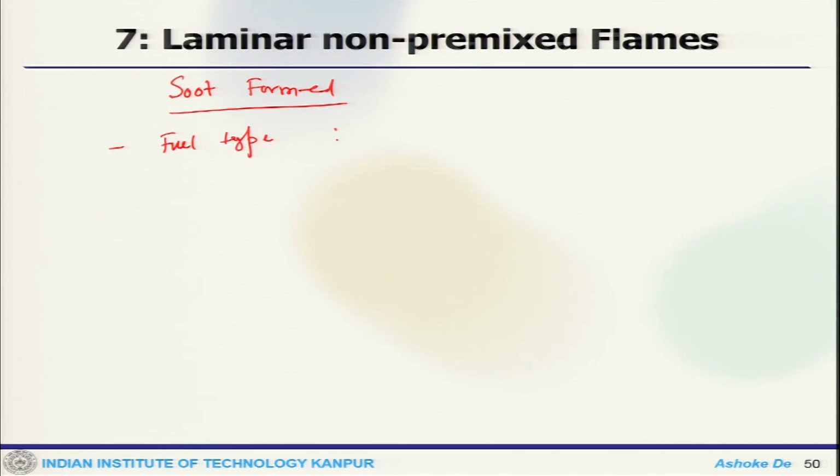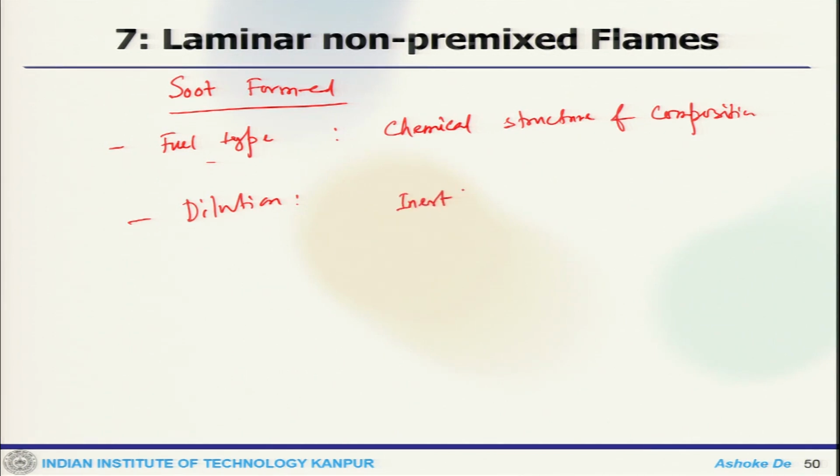What we mean by fuel type is essentially the chemical structure and composition. Then dilution is another issue, whether it is inert or reactive dilute. Then the underlying flow field, which is another important thing, that is turbulence.